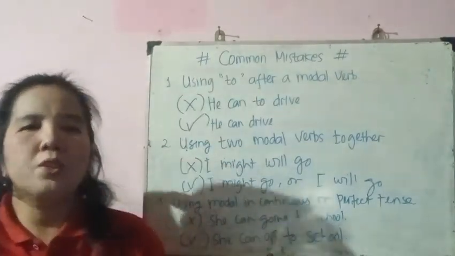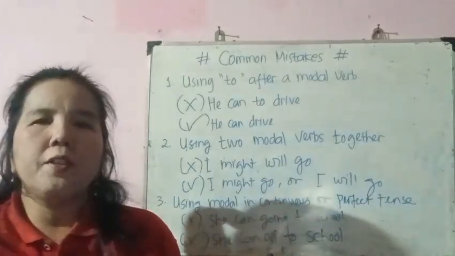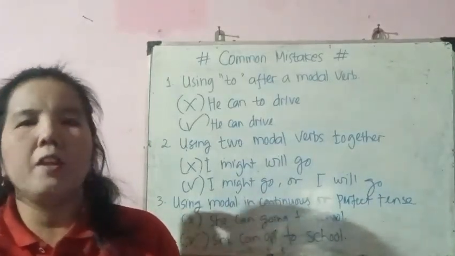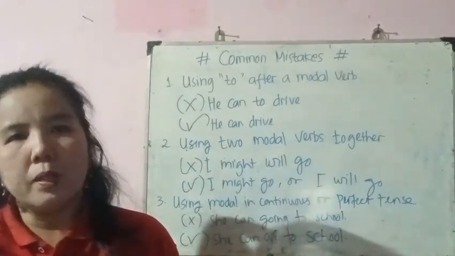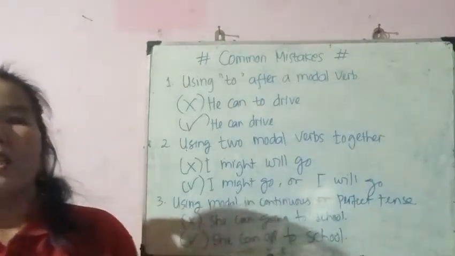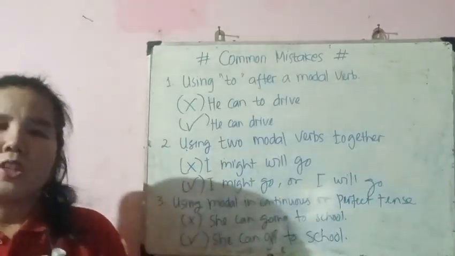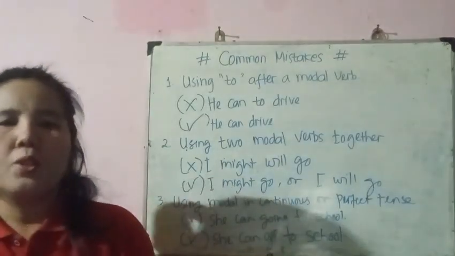We only use one modal verb at a time. If you need a combination of ideas like possibility and obligation, use an expression like "he might have to leave early" or "she could be able to help you."